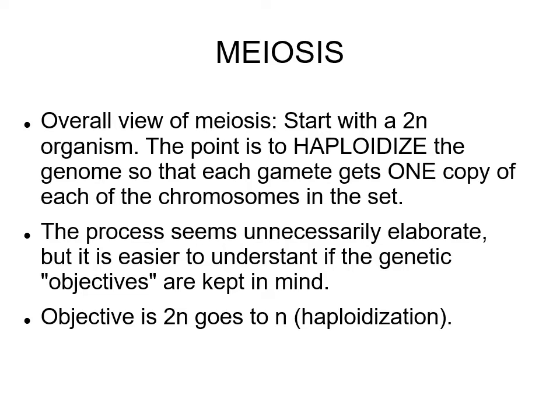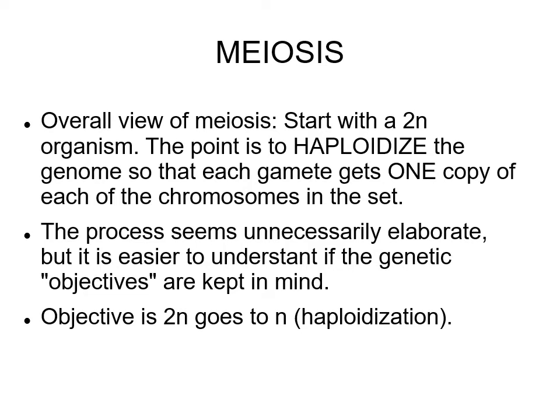Meiosis is a different situation, and we have to contrast that to what happens in mitosis, because the job of meiosis is not to produce an identical daughter cell, but to haploidize the genome and ultimately to produce haploid gametes for us. So the point is to start with 2N chromosomes, the diploid chromosome number, in our case 46, and then haploidize those, which is to say take each member of a homologous pair and segregate it to a different gamete.